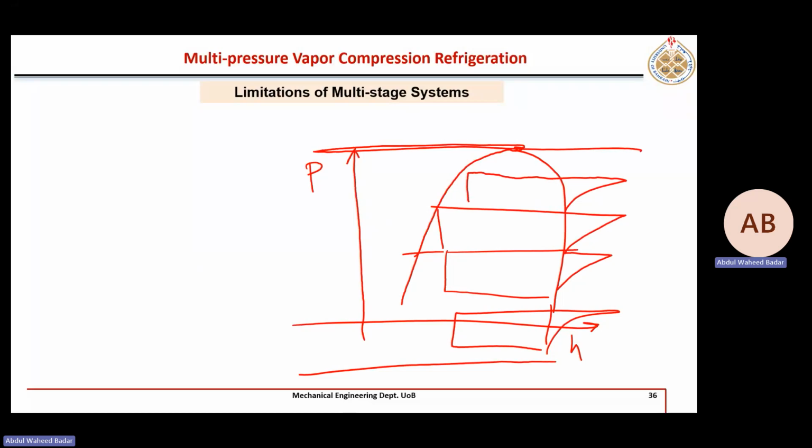You can have evaporation and condensation, but above the critical point or below the freezing point, these processes are not possible. And why are we so interested in evaporation and condensation? Because during evaporation and condensation, the heat transfer capacity of the fluid is much larger.